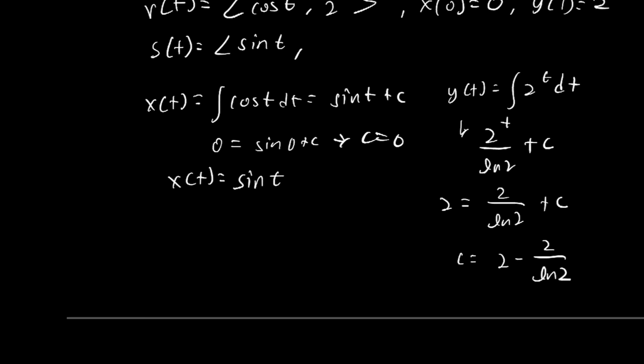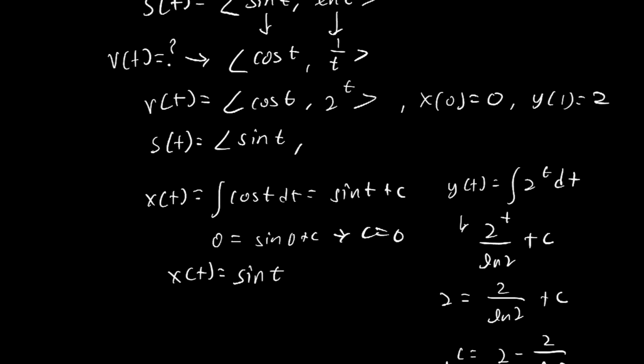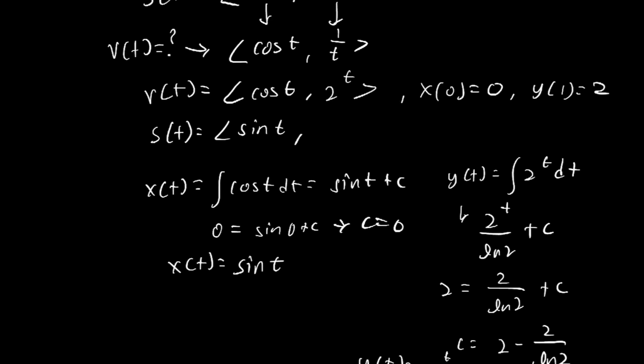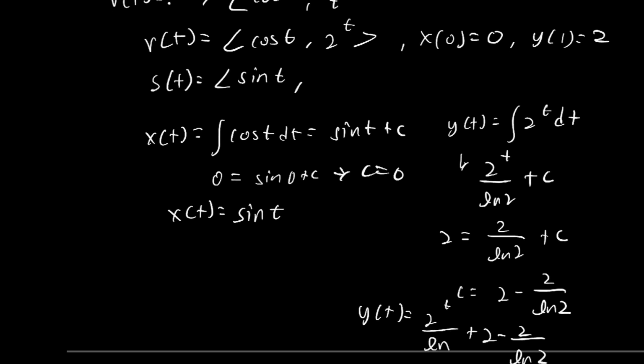So our y of t function is going to be 2 to the t over ln of 2, plus 2 minus 2 over ln of 2.